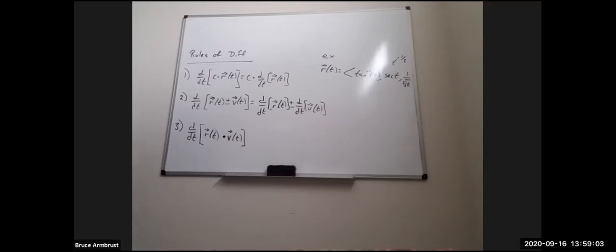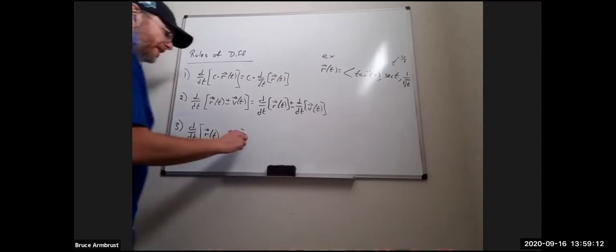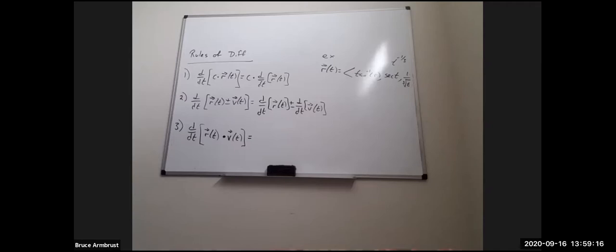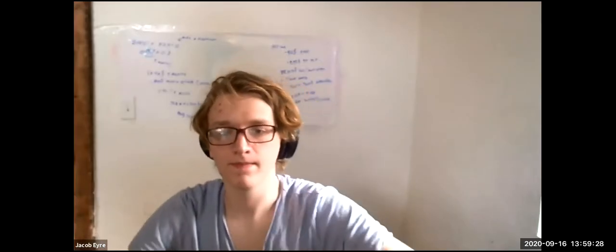Okay, so the question is, how do these play out? Well, the good news is that it is actually very much like what you're used to with the product rule. You remember the product rule, right? You differentiate one and you multiply by the other. And so the same thing actually happens here.